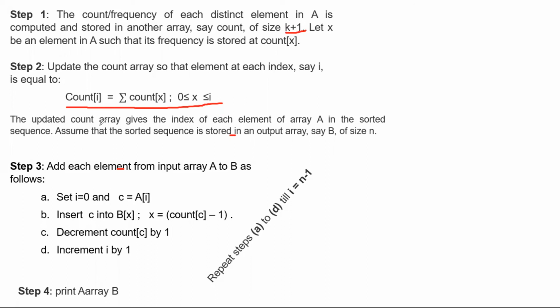Now the updated count array gives us the index of each element of array A in the sorted sequence. Next, we start to scan the input array elements and locate each element in the position indicated by the count, and after that we reduce the count by 1. After scanning all the elements from the input array, we can print the sorted array.